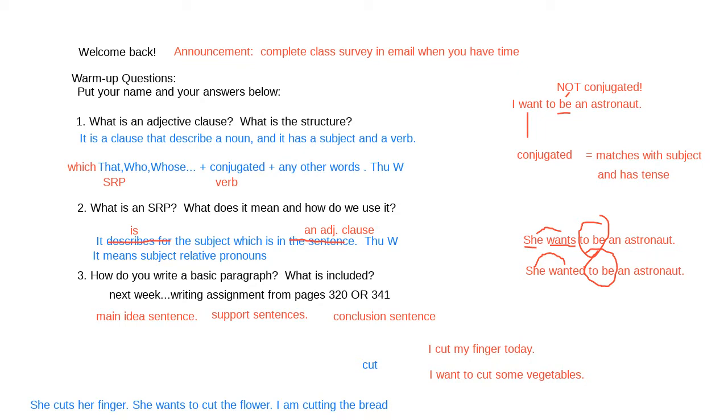So maybe you can choose Amazon or Microsoft or Google, any type of organization, the Federal Bureau of Investigation, Immigration, Border Patrol, whatever you want. Choose an organization or company that you're interested in and research it, look at some websites, learn about it, and then you're going to write a paragraph about that organization.